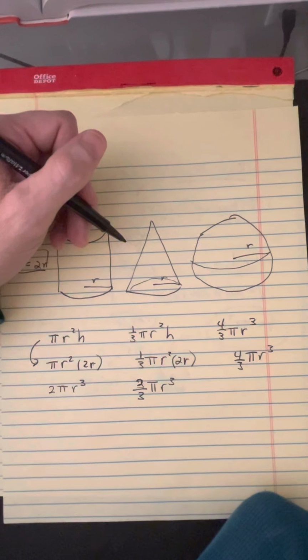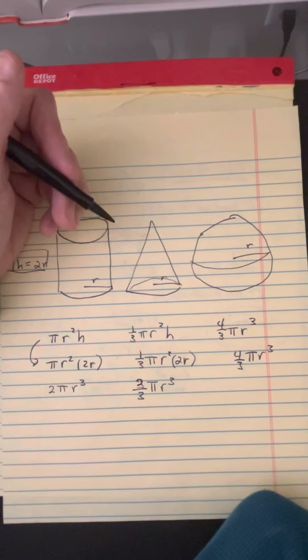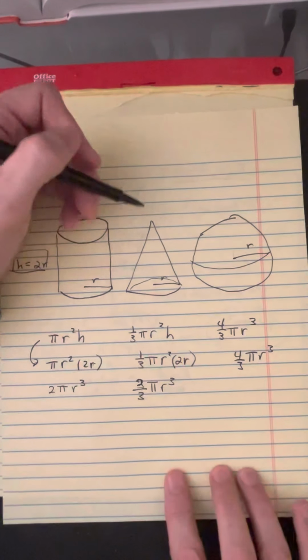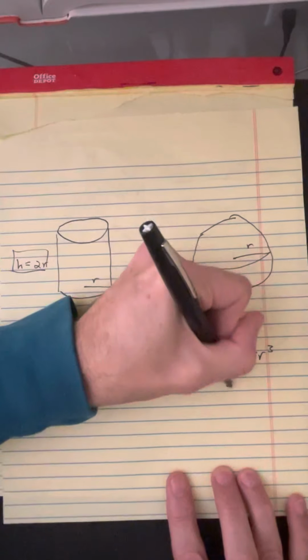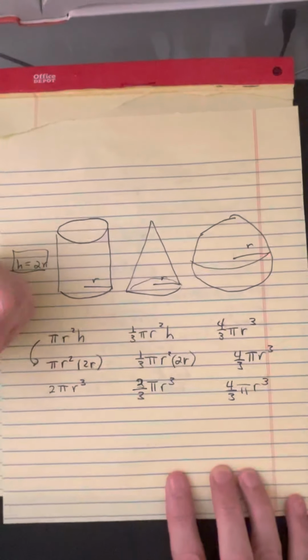What did I do wrong? I did something wrong. Oh, no, I didn't. I'm losing my mind. This one is 4/3 pi r cubed. You just have to trust yourself, Steve.